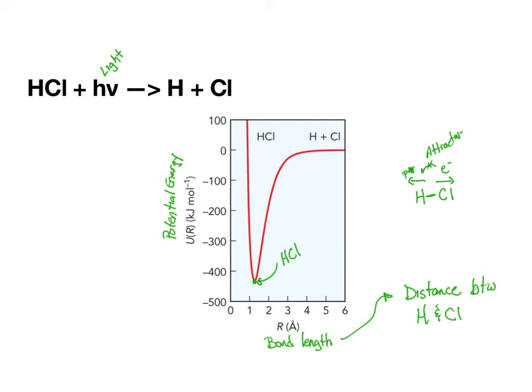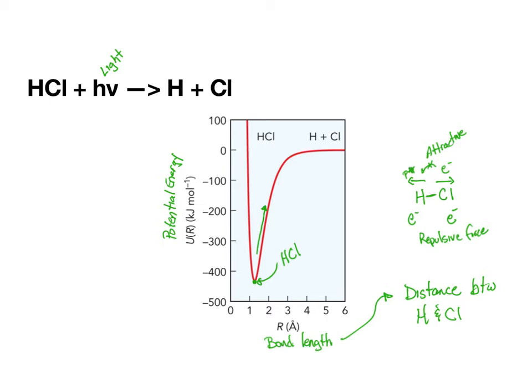And so as we get these further and further apart, the attractive force is lessened, and therefore the repulsive force between the electrons of the hydrogen and the electrons of the chlorine, this is the repulsive force, that becomes more prominent. And so the energy starts going up as we increase that distance.